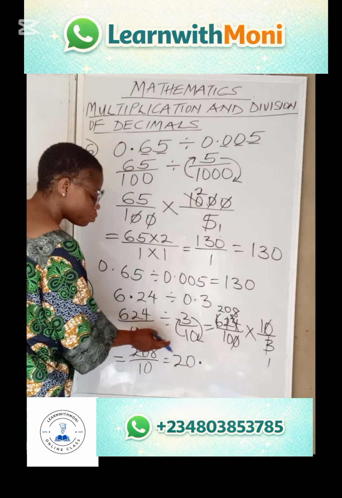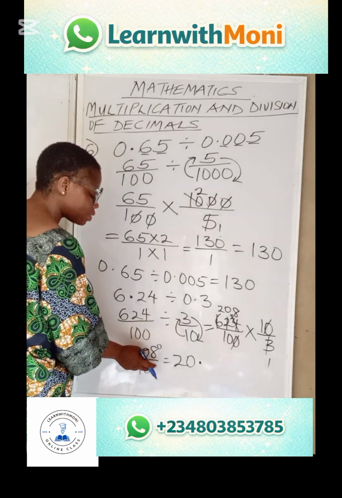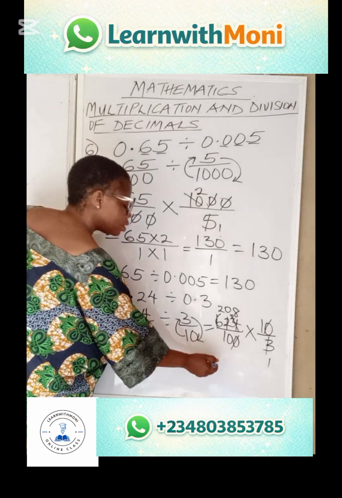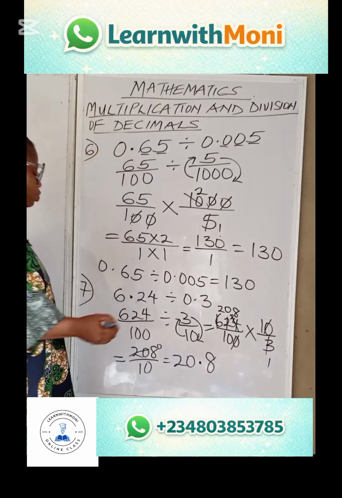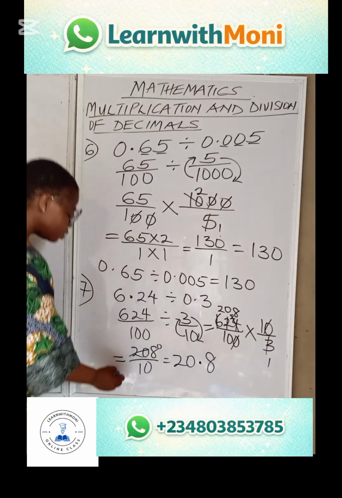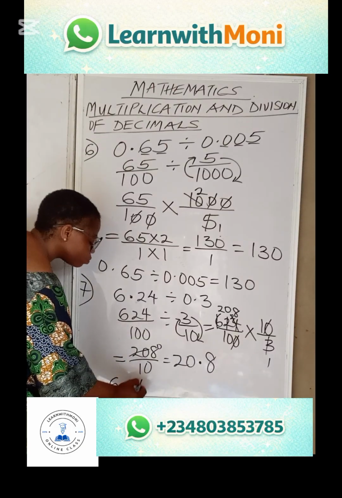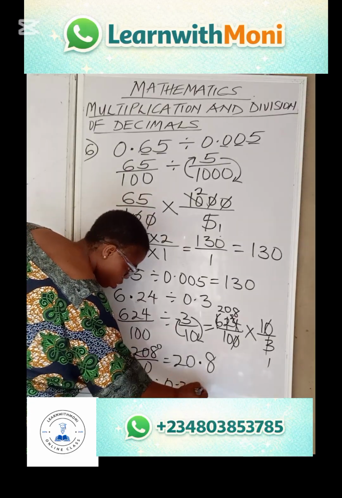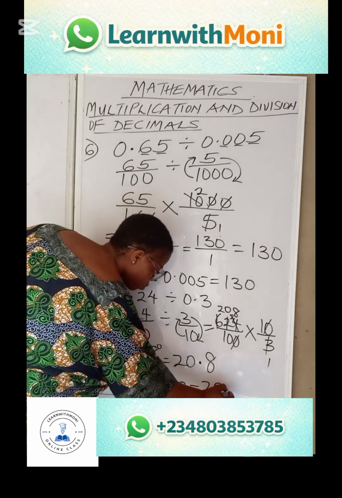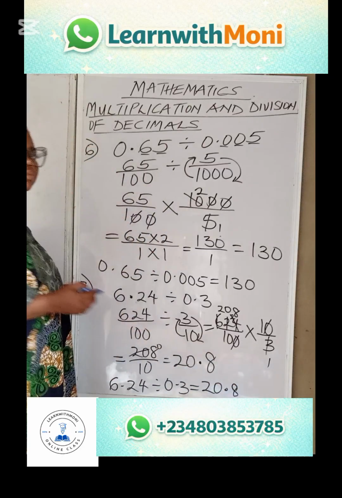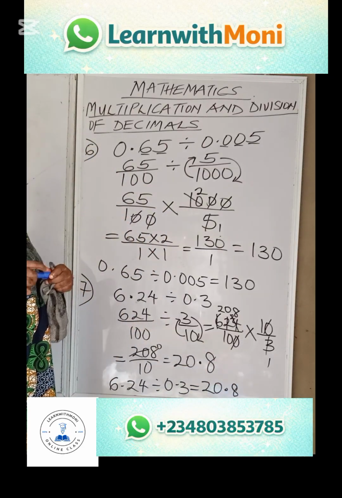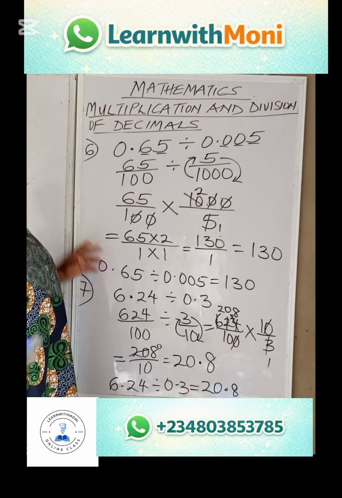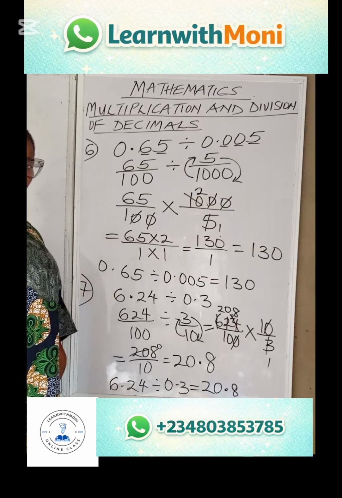Put an invisible 0 behind that 8 and say how many 10 can we get from 80? That is 8. So this means that 6.24 divided by 0.3 equals 20.8. That is basically the multiplication and division of decimals.